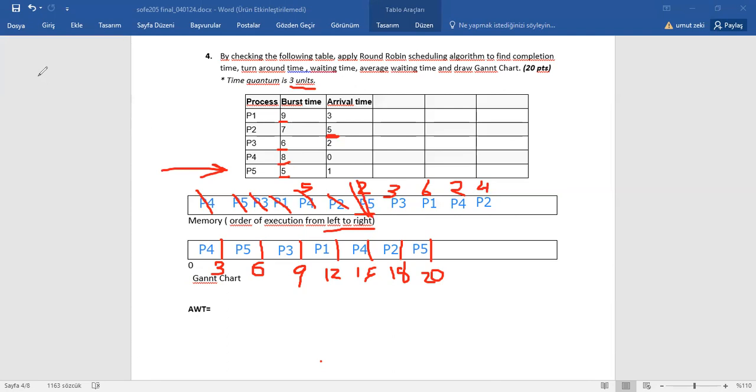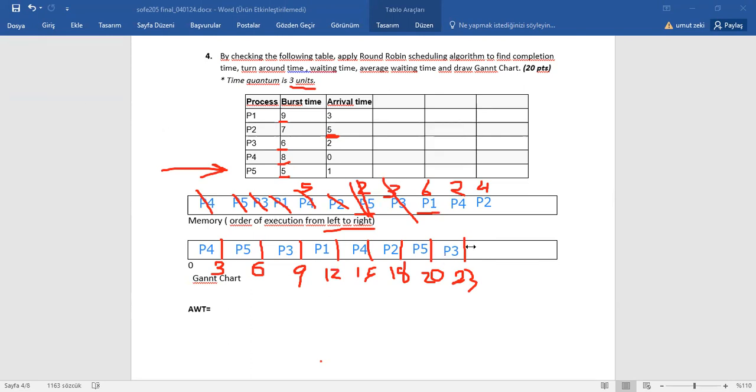Then P3, 3 nanoseconds. So it is 23. This is finished again, so I'm not going to put it back. P1 has 6 nanoseconds left.